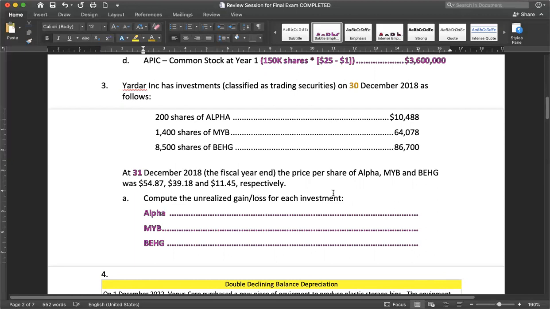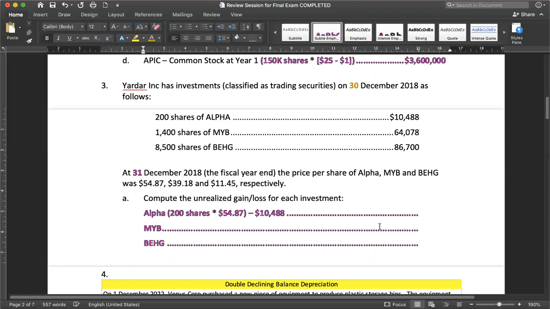So at the end of the year, Alpha's 200 shares are each worth $54.87. And then what we're going to do is subtract away what they had their cost before.